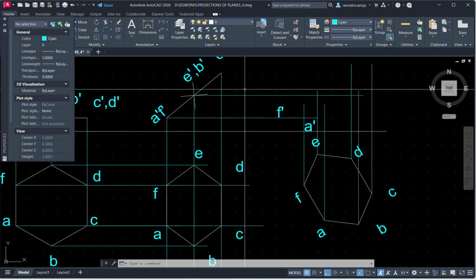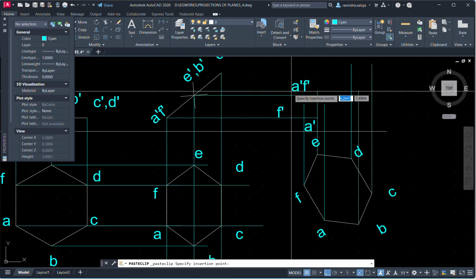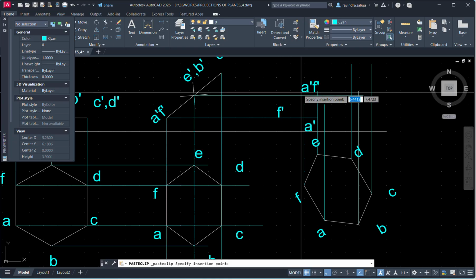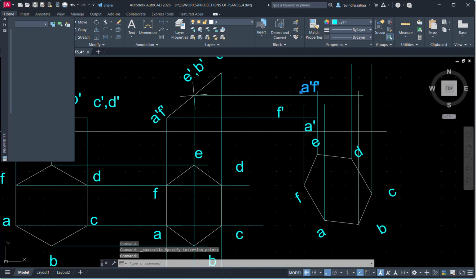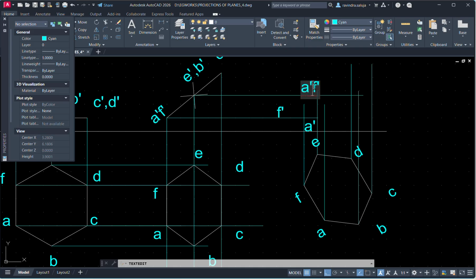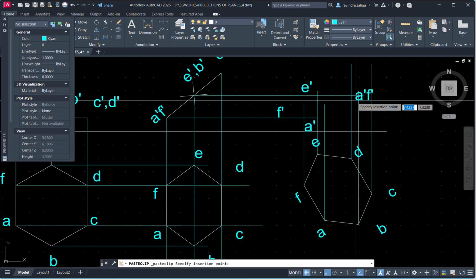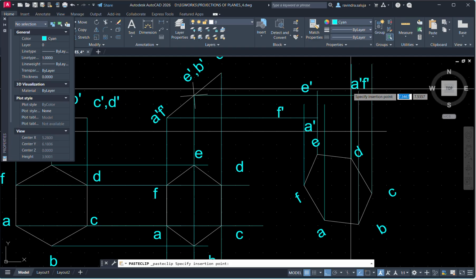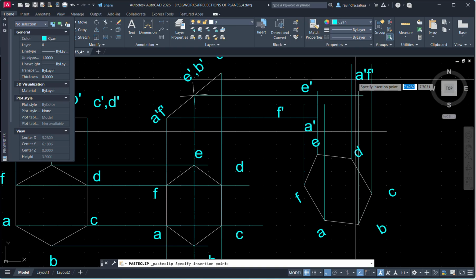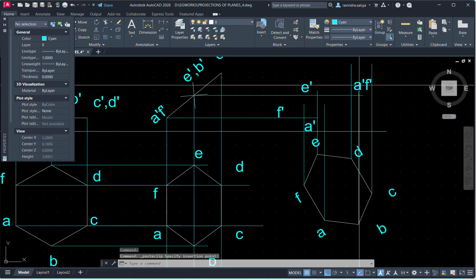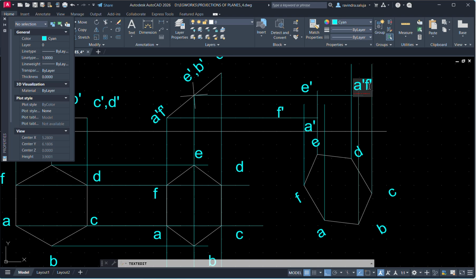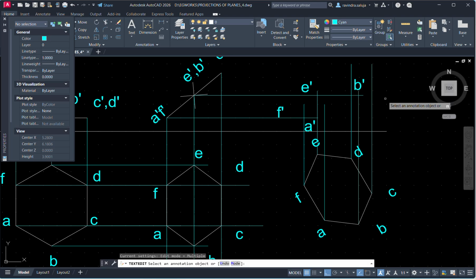So we can mark the points. So this one is your E dash and this one is your B dash.